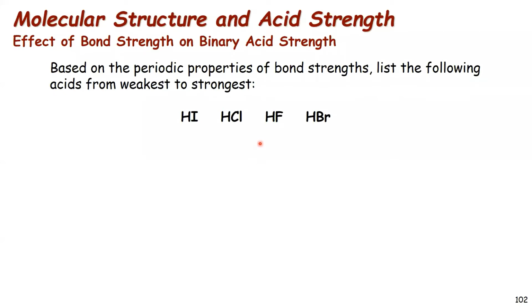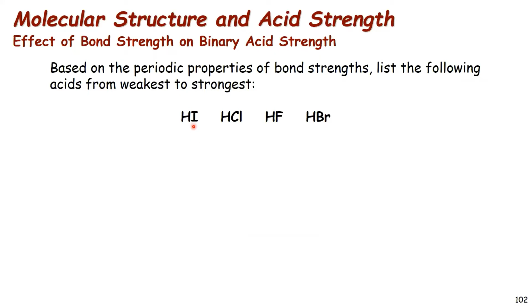So if we want to compare these, we again want to go from weakest to strongest. So this is going to be the weakest bond, or the biggest atoms. As we go down the periodic table, we start with fluorine being the smallest, so it would be the strongest acid, then chlorine, bromine, and then iodine's at the bottom.